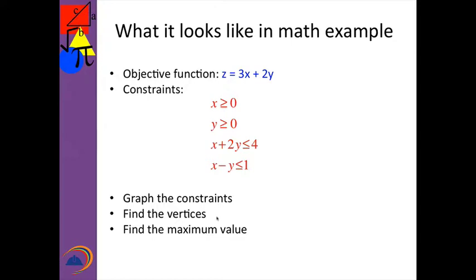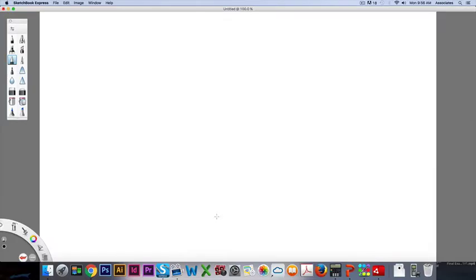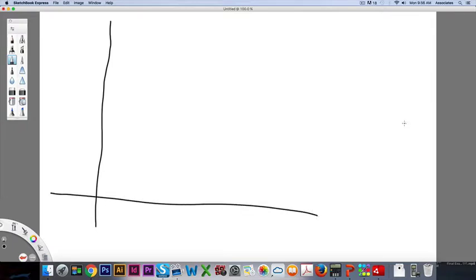We're going to graph the constraints and find the vertices. All right, so what I'm going to do is go to my slate and look at this. Because x is greater than or equal to 0 and y is greater than or equal to 0, I really only have to graph in quadrant 1. Everything I shade is going to be in quadrant 1, because remember, quadrant 1 is x is positive, y is positive.